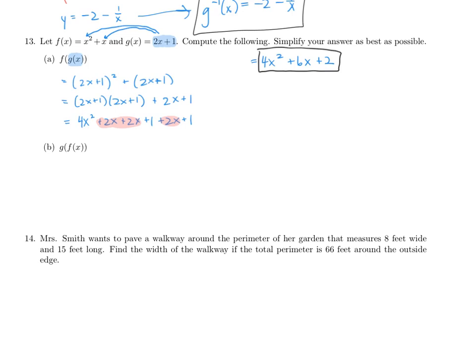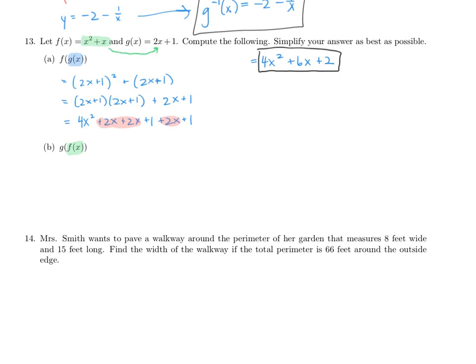That's it. Okay, and so now I'm going to do the opposite or the backwards version of that. I'm going to plug the whole function f into g. So everywhere I see an x, take the whole f function and plug it into g.